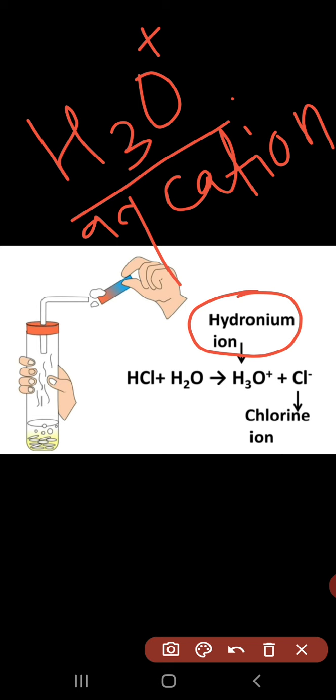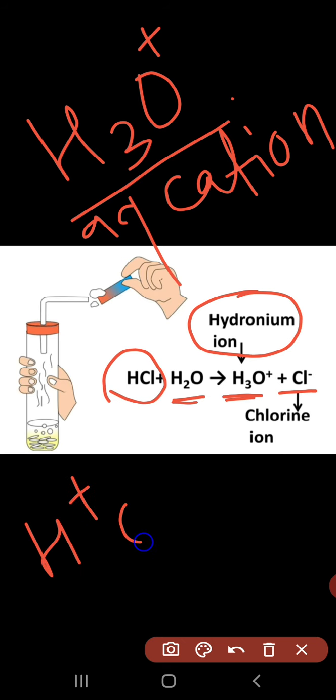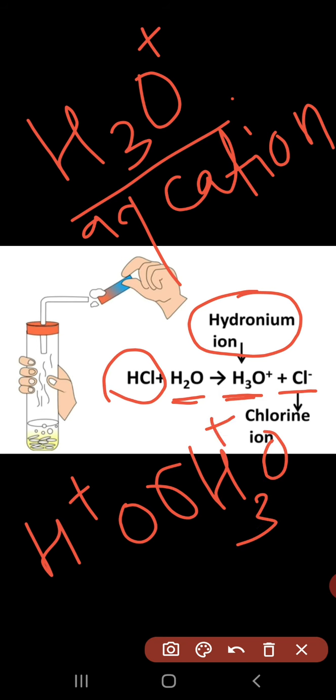So here, when hydrochloric acid reacts with water, it will give the hydronium ion plus chloride ion. We can say that H plus or H3O plus both are the same. Hydronium ion means aqueous cation.